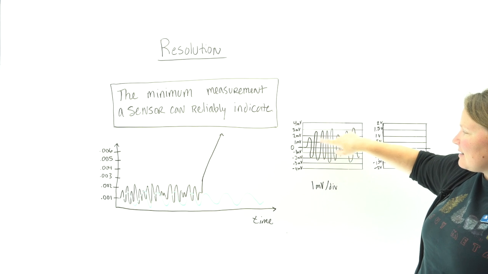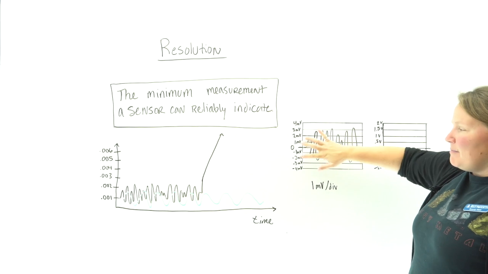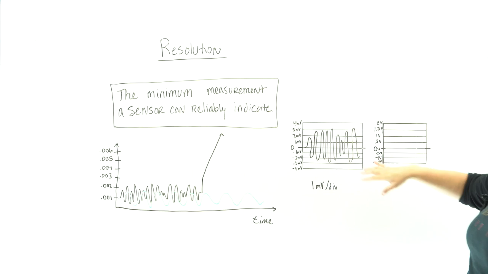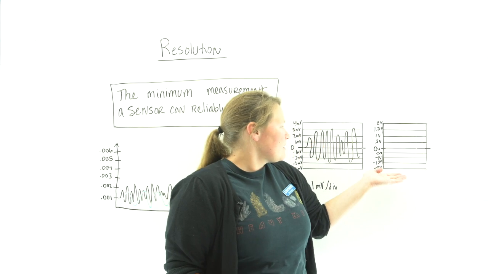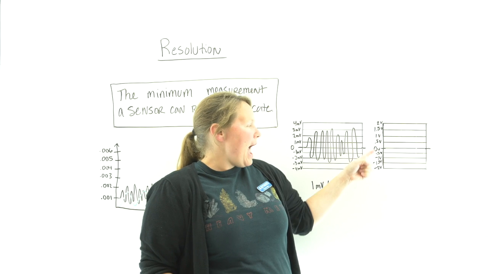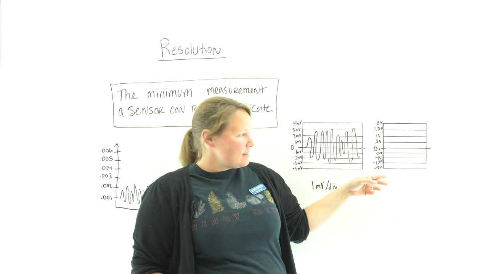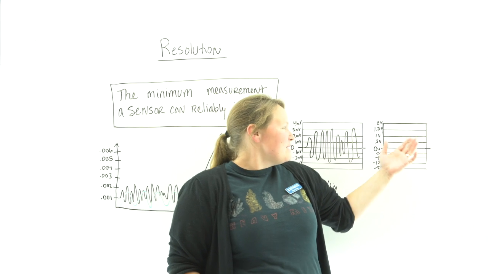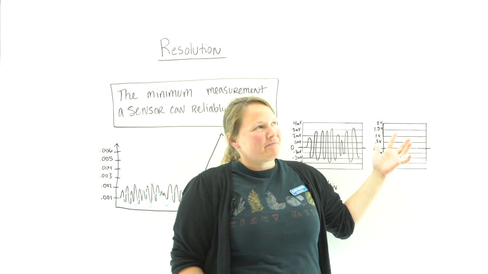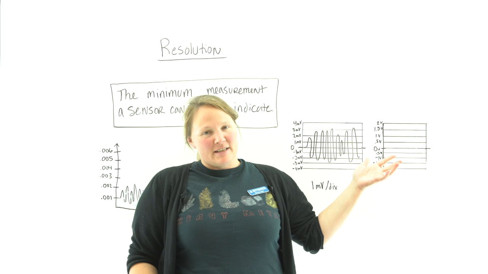You'll see we're reading that noise. But if you were to dial out to half volt divisions, this is what you would see. It wouldn't look like anything. And so resolution is something to consider.